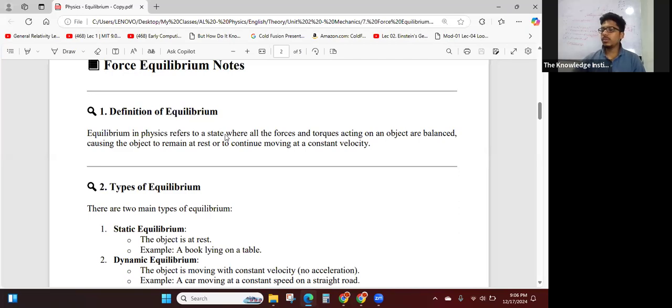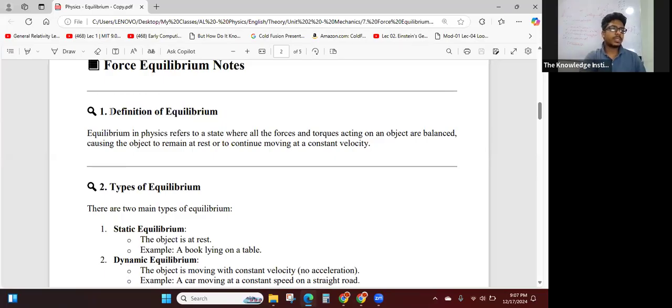When an object is in equilibrium, it is either stationary, remains at rest, or moves at constant velocity. That is what is explained by Newton's first law, right? Unless an external unbalanced force is applied, the object at rest remains stationary and the object in motion remains at constant velocity.